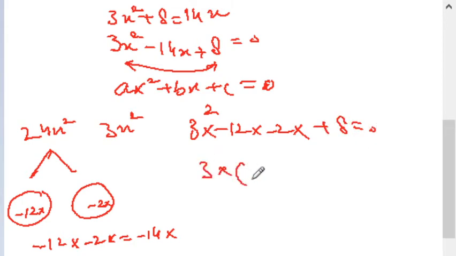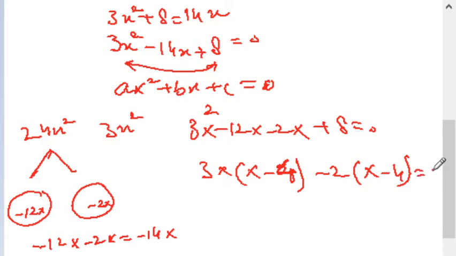So 3x times x minus 4, and then minus 2 times x minus 4. When you take minus common here, the minus changes the sign of the plus into minus.